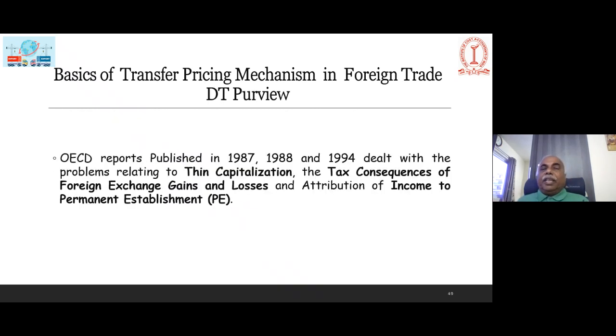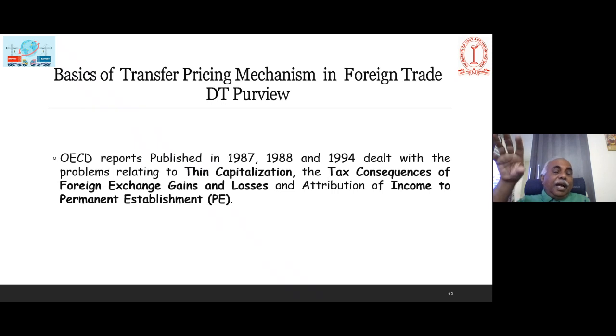OECD reports published in 1987, 88, and 94 dealt with the problem relating to thin capitalization. What is thin capitalization? Suppose I have a parent company here, but in a low tax rate regime country, I have put a small amount of capital and the turnover is more, because I want to enjoy those tax benefits.